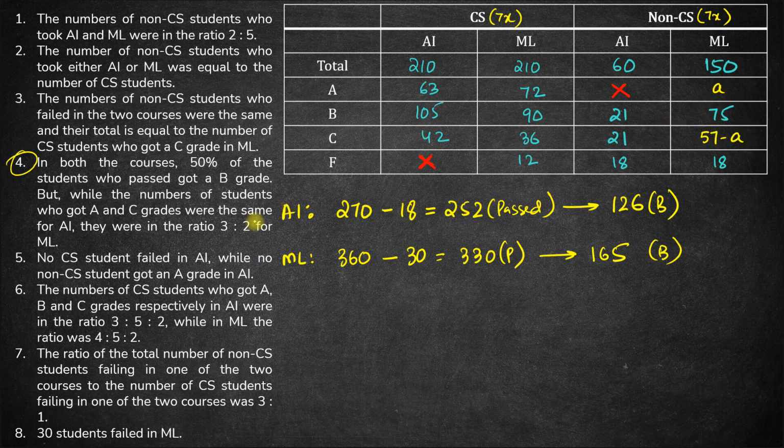Fine. And now the last piece of information that we have is, while the number of students who got A and C grades were the same for AI. Okay, is it so? For AI, the number of students getting A grade is 63 and the number of students getting C grade is also 63. Okay, even if this information wasn't given, we could have managed without it.